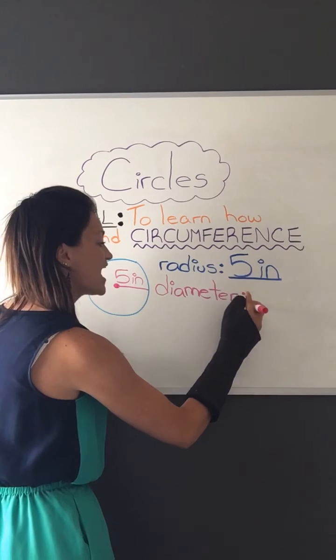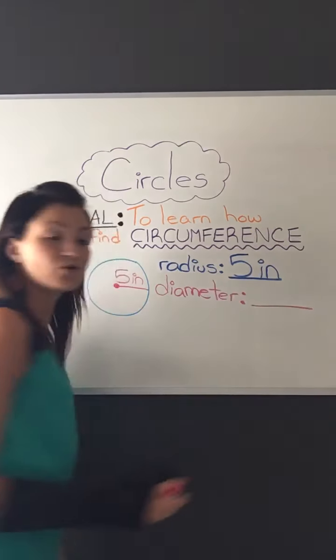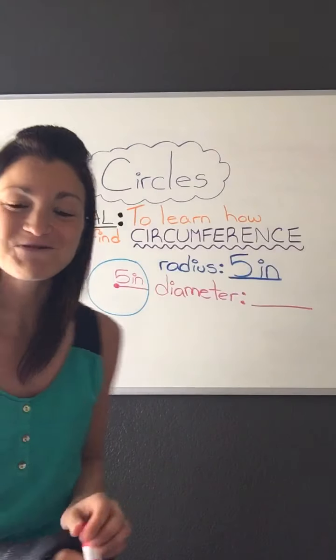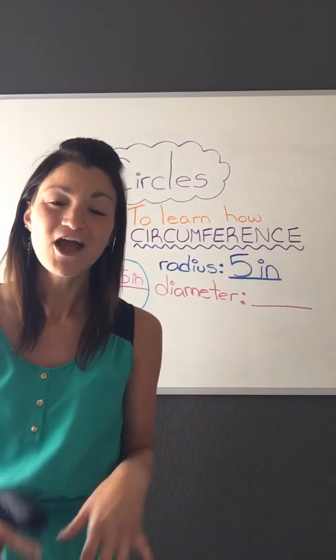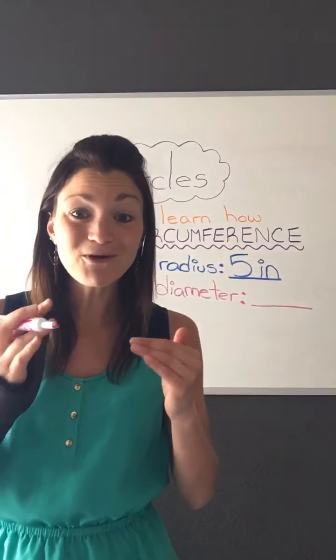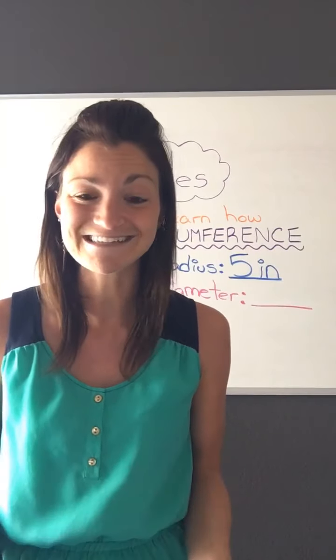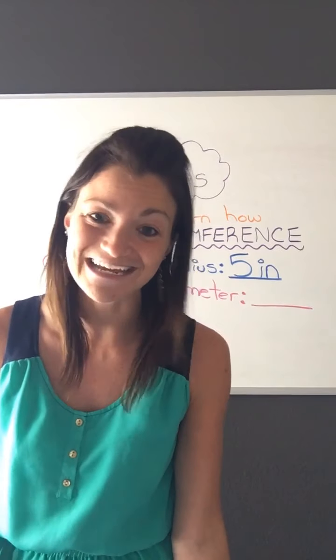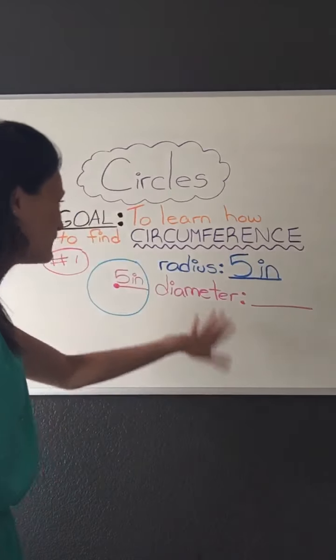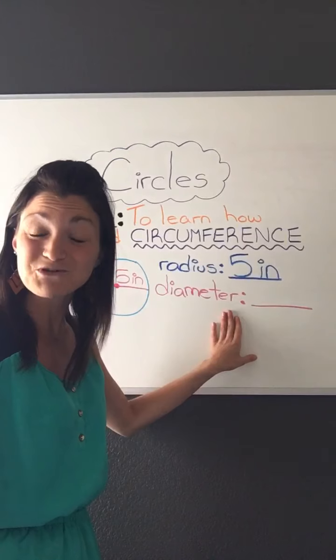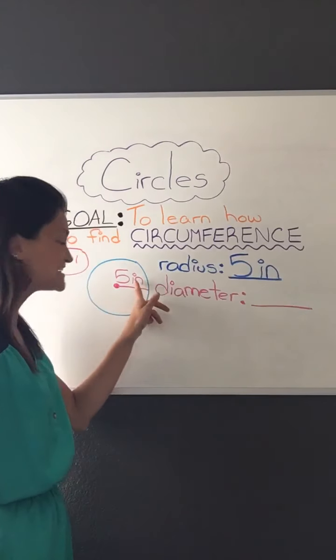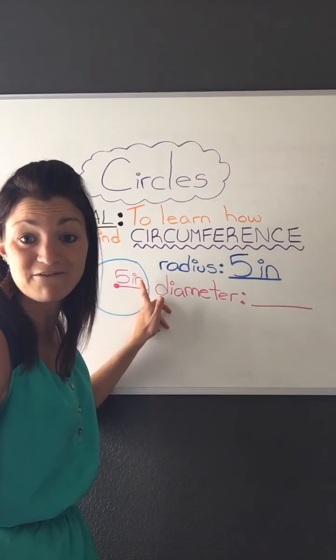Okay? Those of you who are saying 2.5, your thought process was in the right direction, but unfortunately it's incorrect. And like I said, life is all about making mistakes and learning from them. So if you said the diameter was 2.5, you accidentally divided or took half of 5.